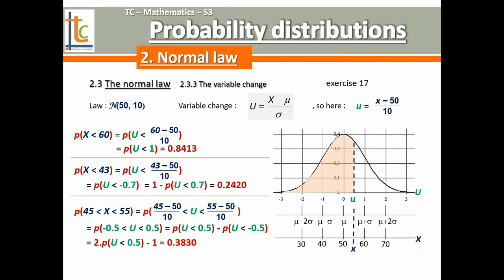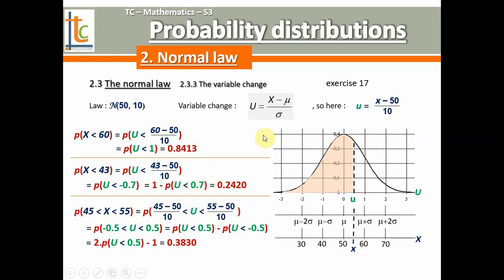So here is how to apply a variable change if you need to use the standard normal law. You need to use the standard normal law in problems where there is a parameter that is missing in the first normal distribution, and where you already know a result on a probability. This result can help you to find the correct value of u that corresponds.